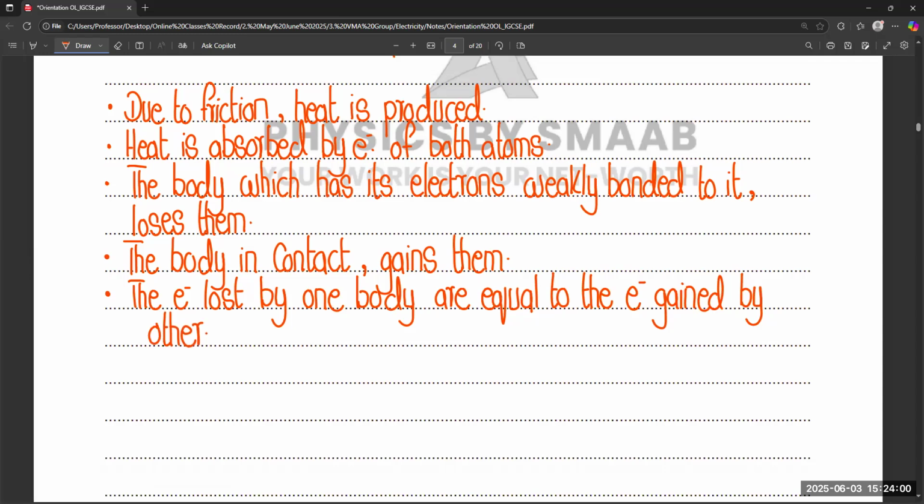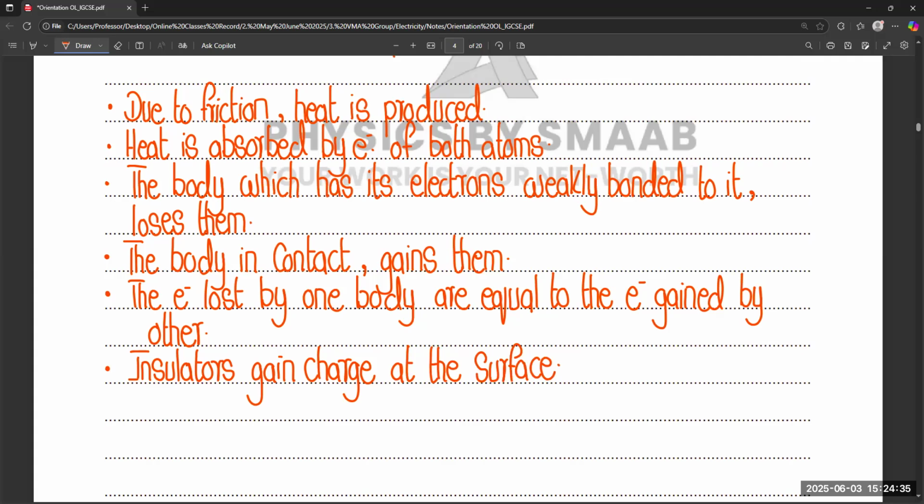And the last important thing is that insulators only gain charge at the surface. So insulators gain charge at the surface only.